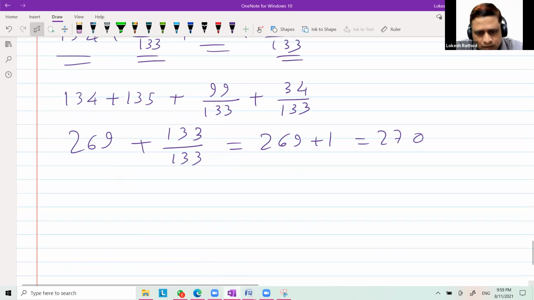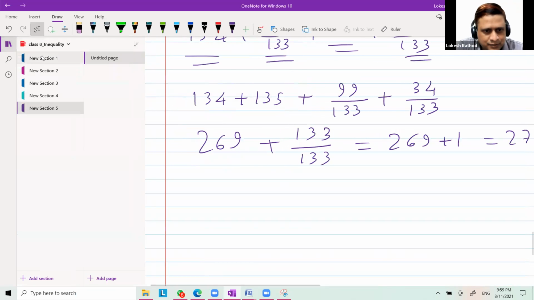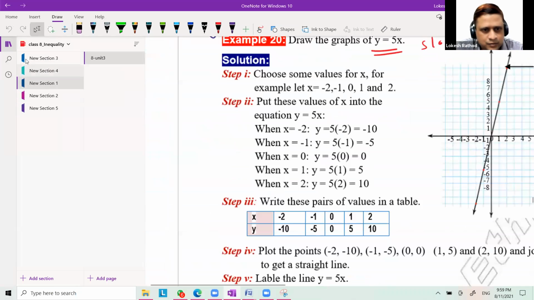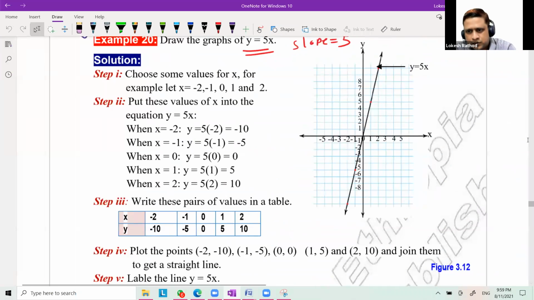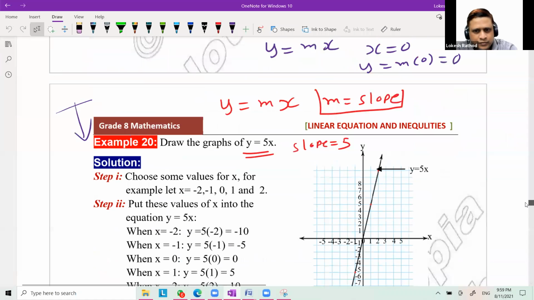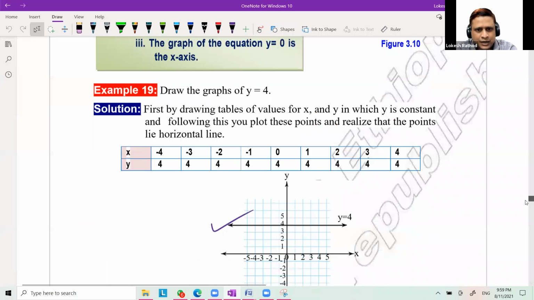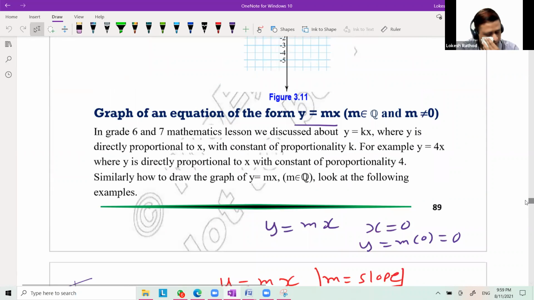So next, what do we do? We were doing this thing, right? And in the last lecture, we had done till here. Graph of equation of the form y equal to mx, that we are discussing. So graph of the form y equal to kx, y is directly proportional to x, that was done earlier.